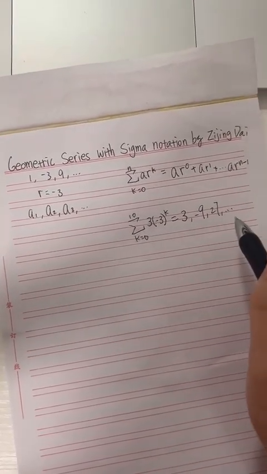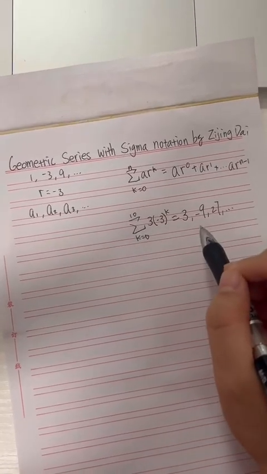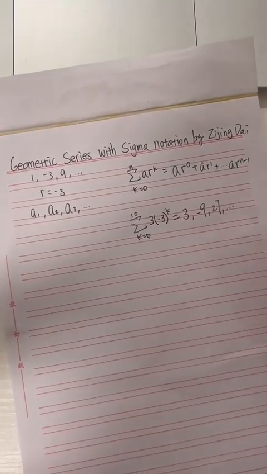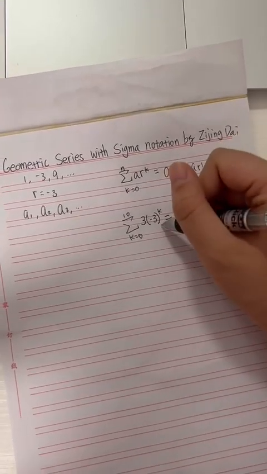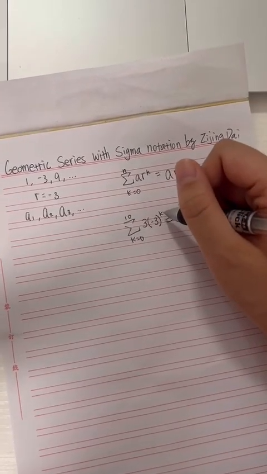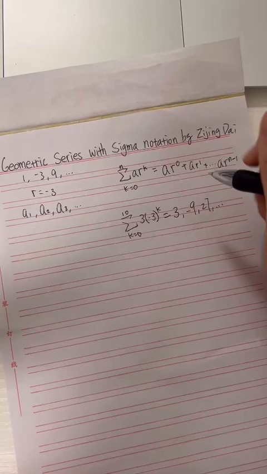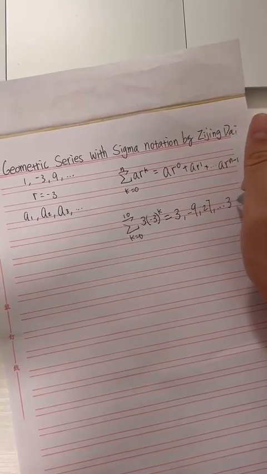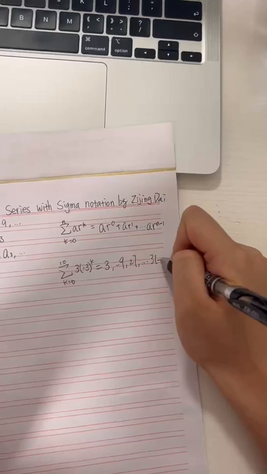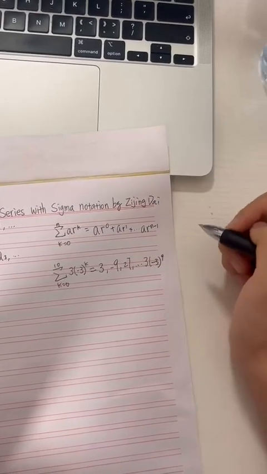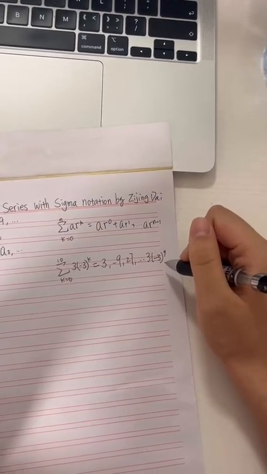This is basically what this series looks like, and the last term would be the 10th term, which will be 3 times -3 to the 9th power. This is the last term.